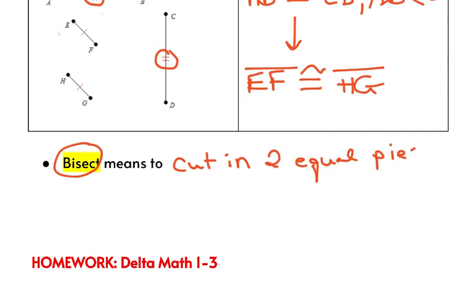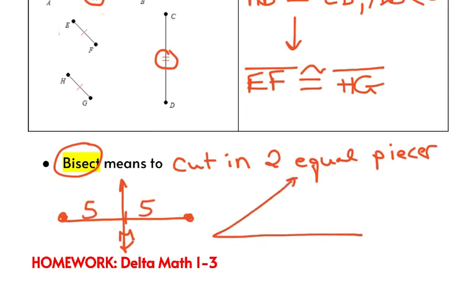We can bisect segments, cut it right through the middle. Bam, I just bisected it. If this was 5, this would be 5. We can also bisect angles. So if I had a 40-degree angle here and I bisect it, I would cut it into two equal pieces. So bisect means to cut into two equal pieces.